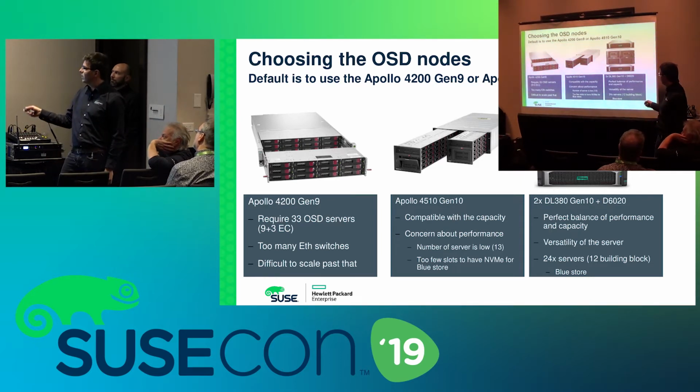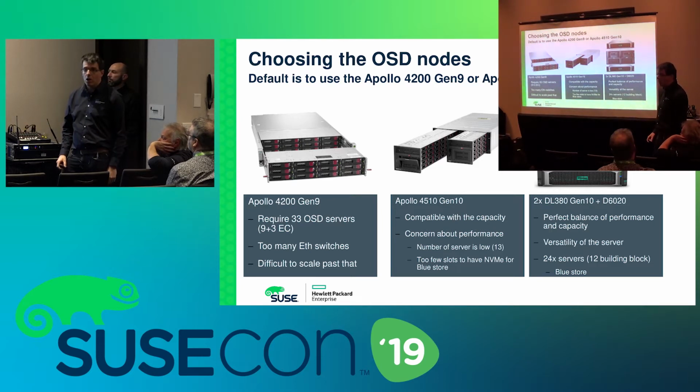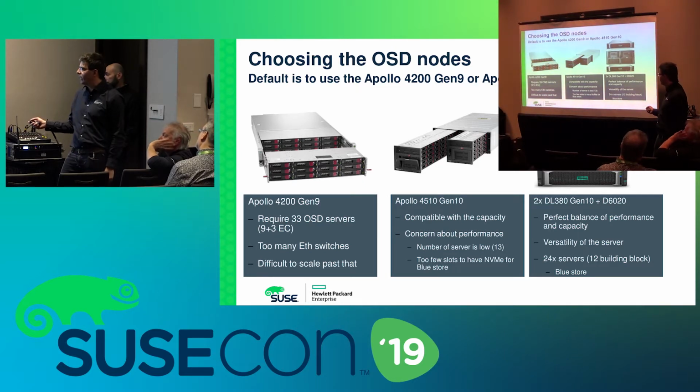If you couple 2 DL380s and 1 D6020, you end up with 2 servers, each of them having 35 large form factor drives connected via SAS connections. Okay, very good one, because it brings us a lot of additional stuff.